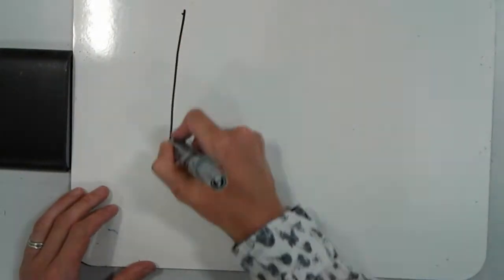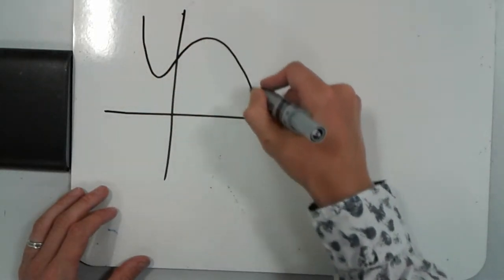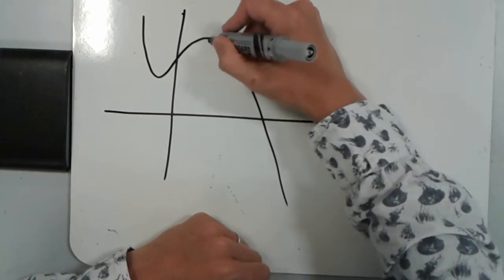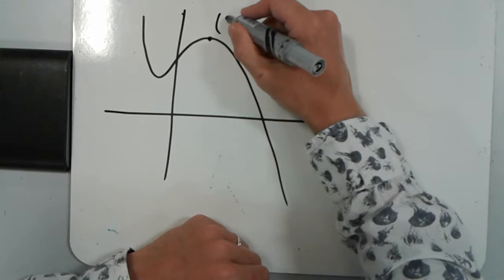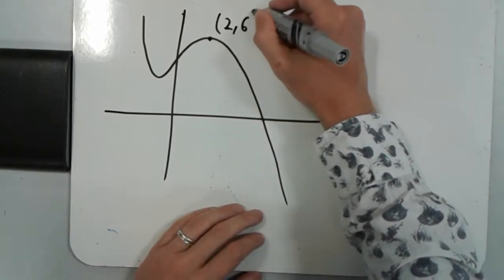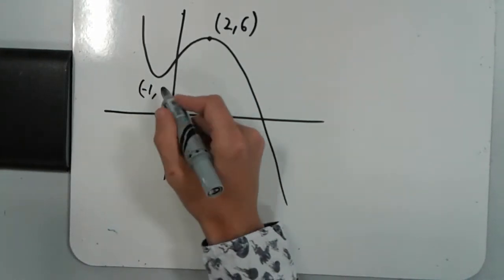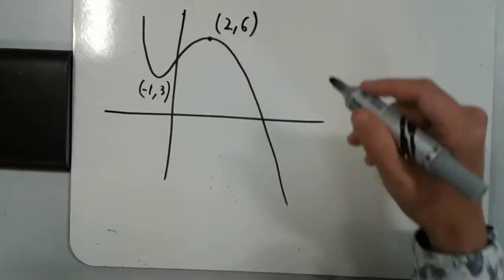So let's say that we have something which looks like that. Some sort of cubic, who knows? So we'll give ourselves some coordinates. Let's go for 2, 6. And then this one down here can be minus 1. And let's say that that is 3.